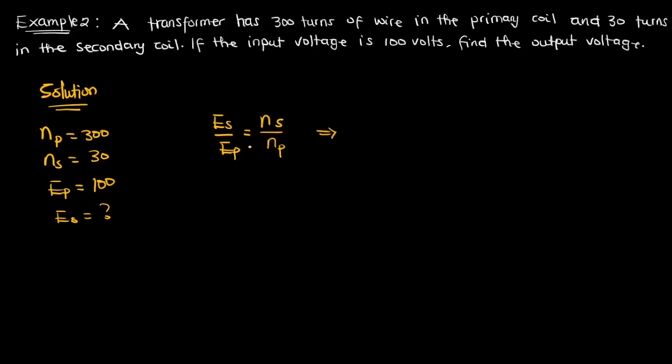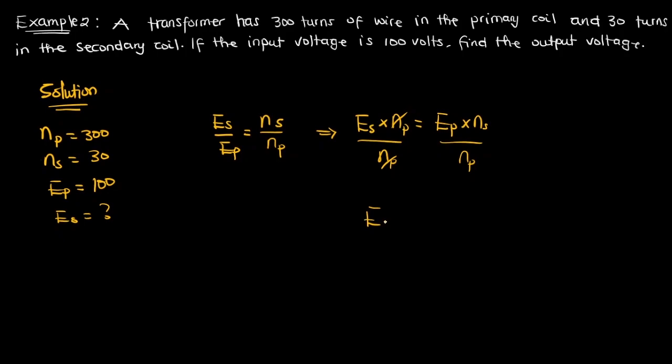Let me make ES the subject. I'll first of all cross multiply. So ES multiplied by NP is equal to EP multiplied by NS. We want to find ES, so I divide both sides by NP. So this will cancel this.